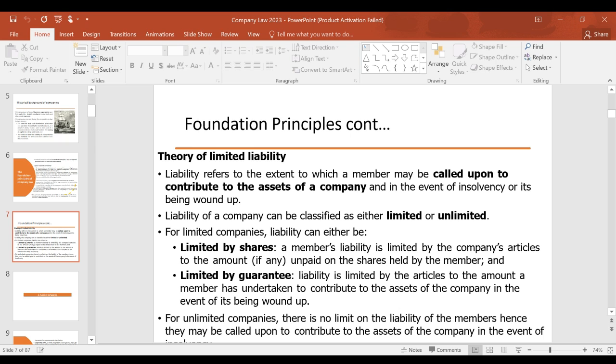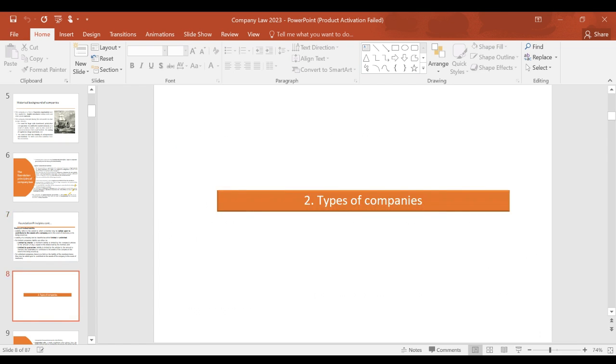So it will be by way of guaranteeing that if this company goes insolvent, then I will contribute 1 million Kenyan shillings towards the fulfillment of the liabilities of that company or the debts of that company. So that guarantee is to that extent that it has been given. That guarantee cannot be beyond what a member has guaranteed the company in case of winding up.